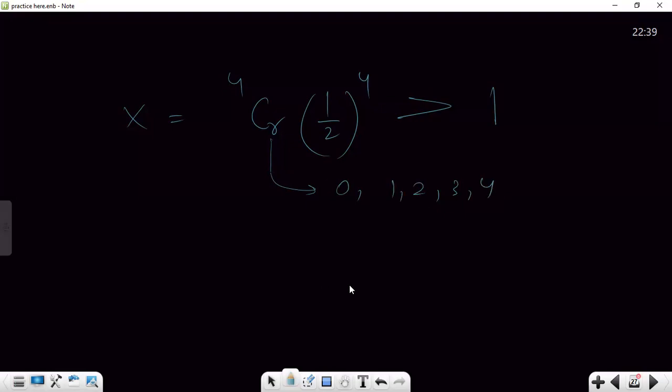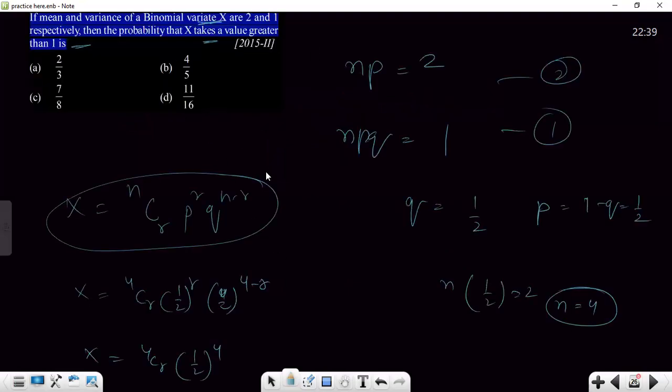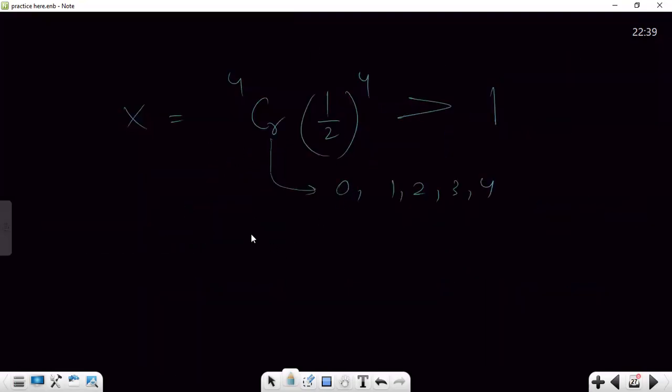So what we have to find out is the probability of X taking a value greater than 1. So these are the total cases.